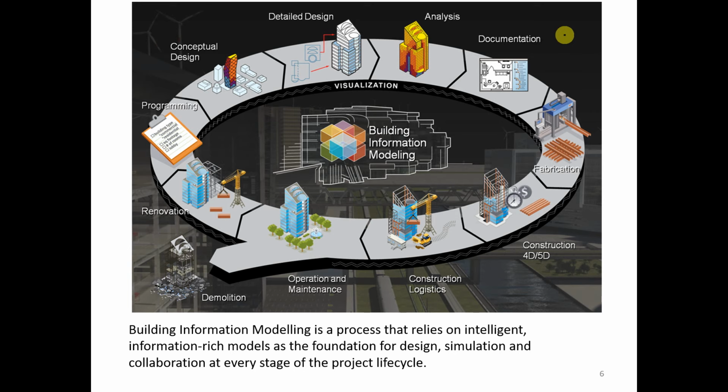Now this slide here is essentially explaining the process of BIM, Building Information Modelling. Now, at the heart of this is your Revit model. And when we talk about Revit as being a parametric modeler, Revit is not the only software that does this.